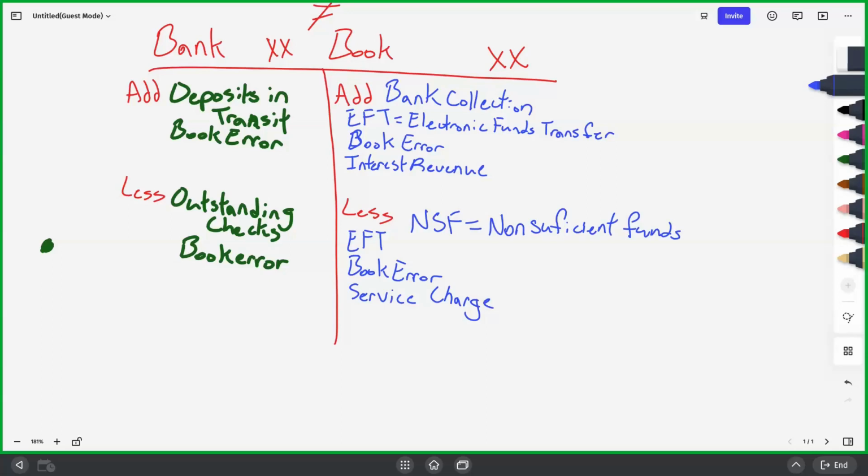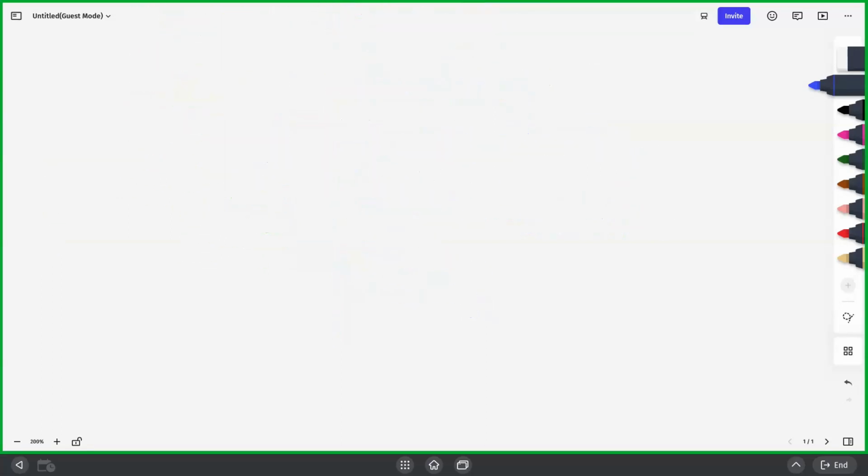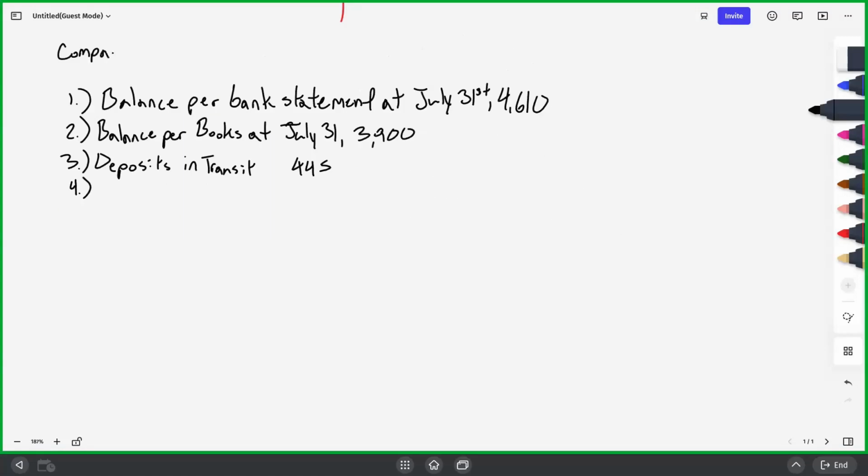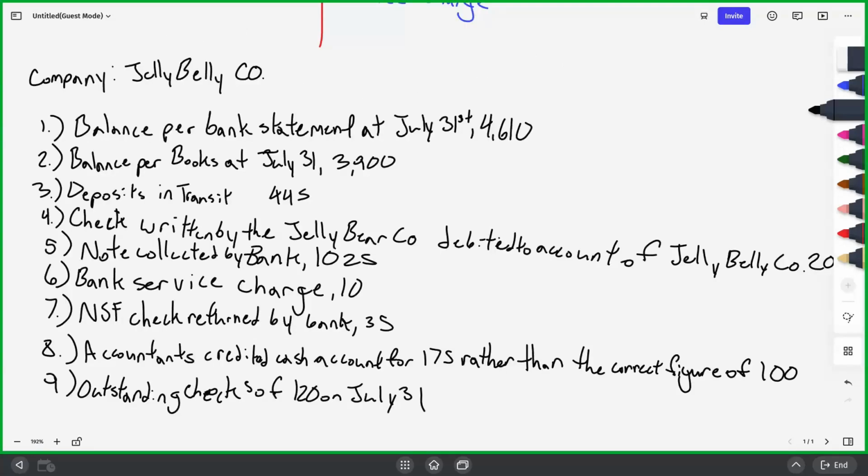And I know some classes require the journal entries, so we'll also work on the journal entries for these as well. Putting the company name up here for reasons you'll figure out through this process. All right, any questions, let me know.